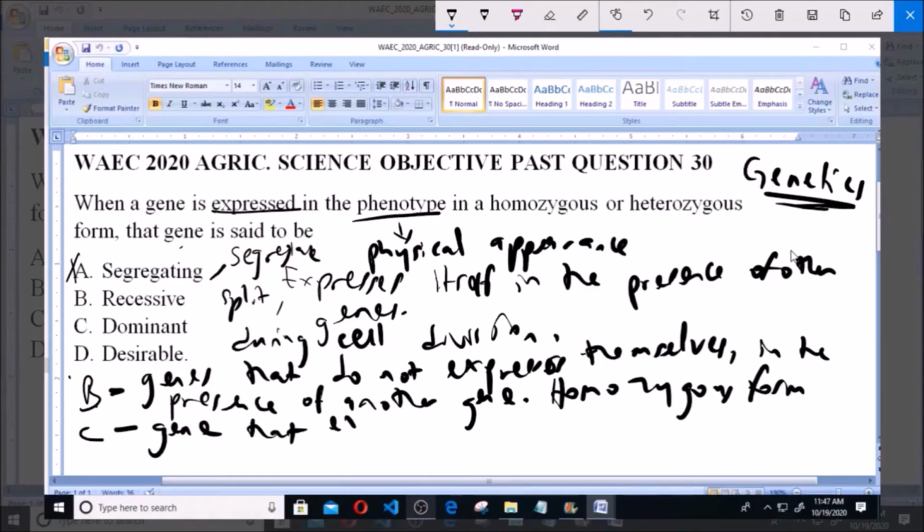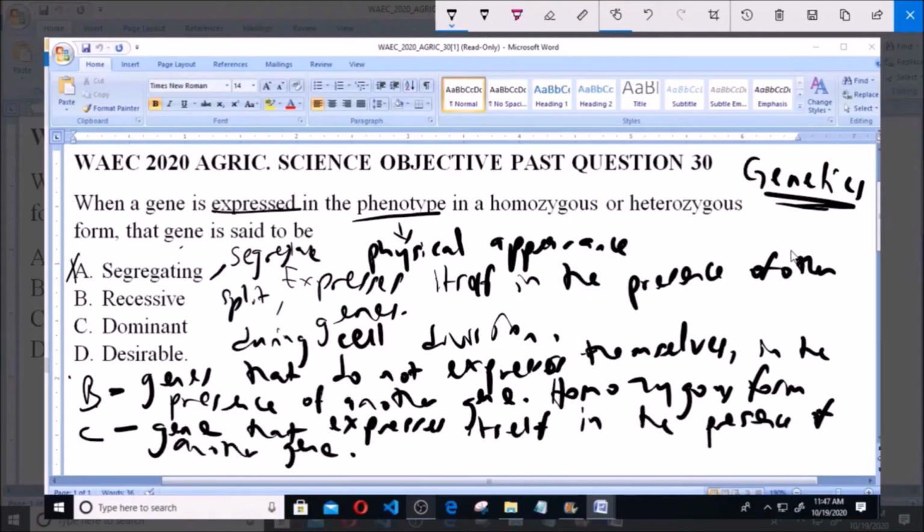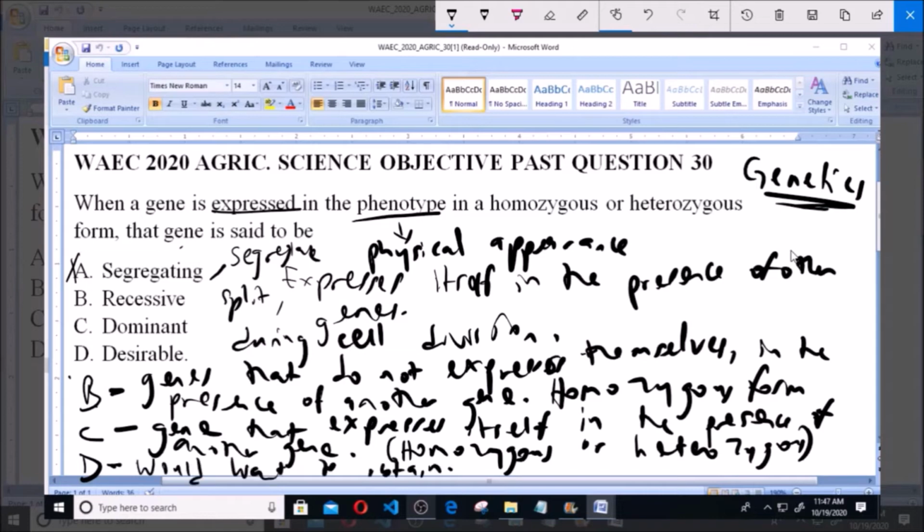Be it a gene that is the same as itself, that is, in homozygous form, or in the presence of a different gene, that is heterozygous form, it always expresses itself. And then lastly, you have desirable gene, and basically a desirable gene is just any gene that you would want to obtain as a result of reproduction.